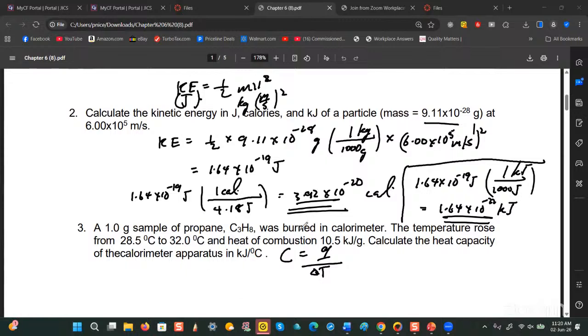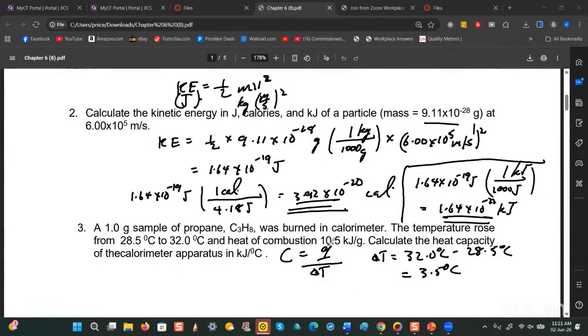Firstly, delta T is easy to calculate because delta T would be the final temperature minus the initial temperature, which is 28.5 degrees Celsius. So let's do that calculation first. 32 minus 28.5. According to my calculations, this is equal to 3.5 degrees Celsius, all right?